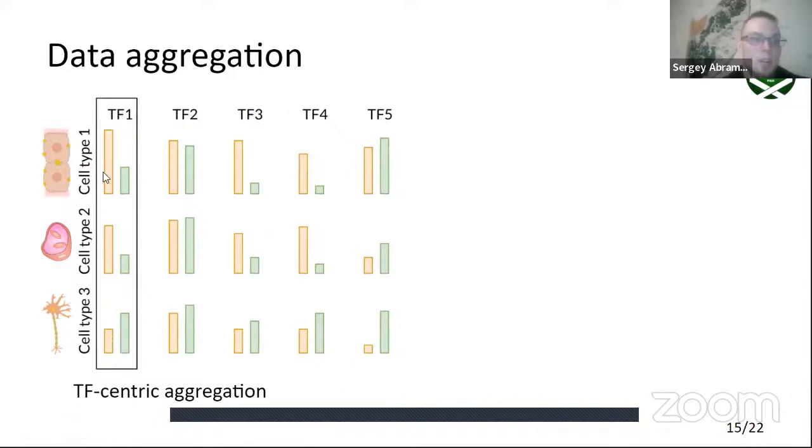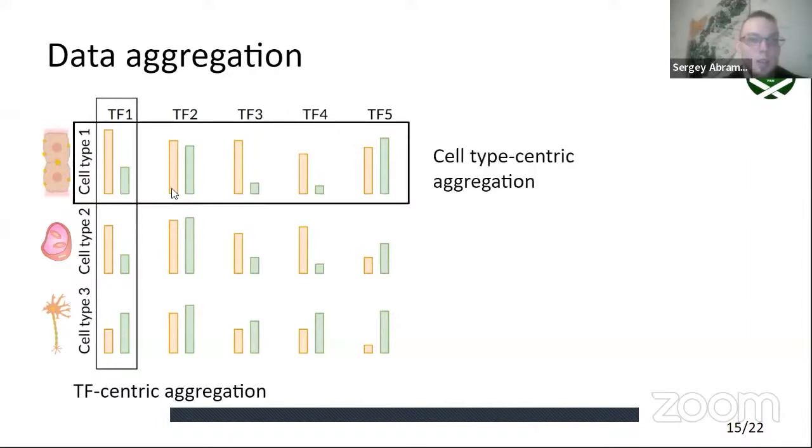Therefore, the resulting ASBs will be influenced by the properties of the transcription factor rather than specific features of each cell type. And we can do the same for a cell type. This will give us cell type specific ASBs, which can be explained, for example, with differentially open chromatin windows.